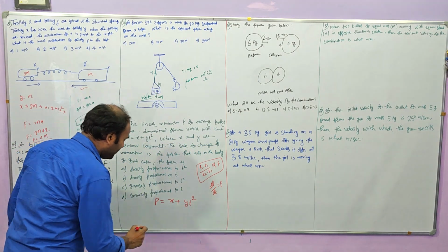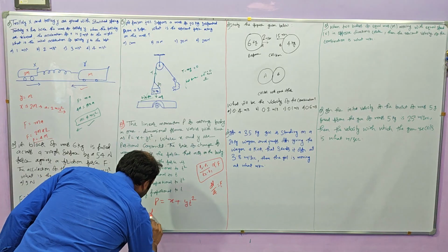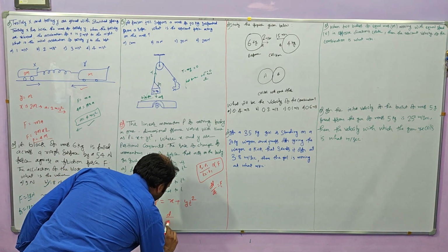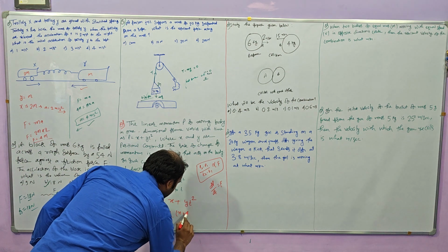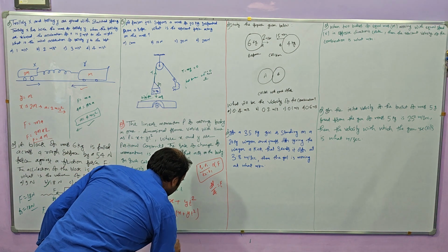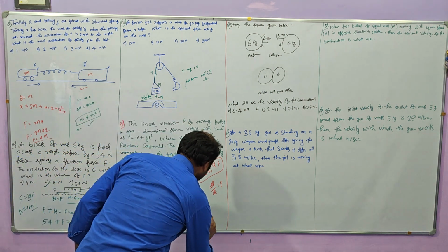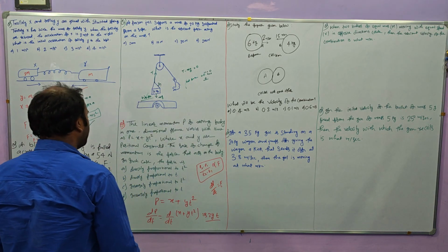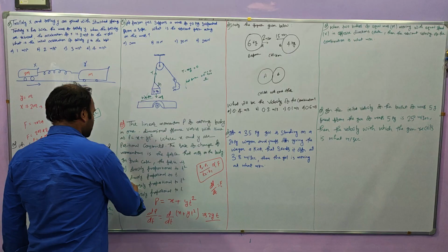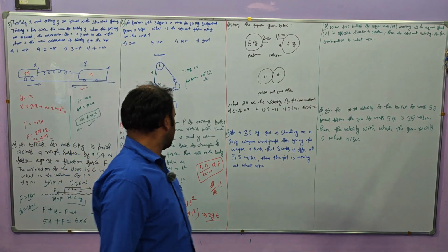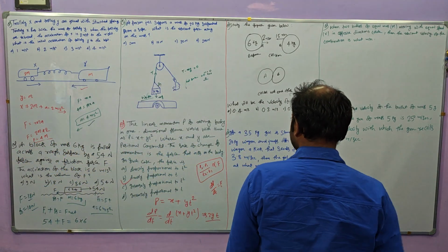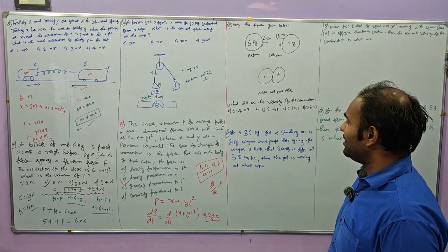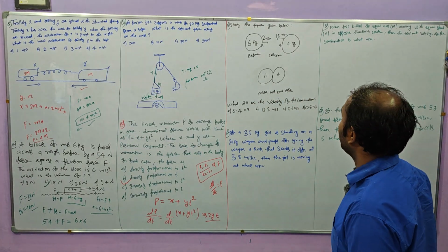So when we differentiate it, dP upon dt is d upon dt of x plus y t square. That becomes 2yt, and that is proportional to t. We got dP by dt is 2yt, where x and y are constants.